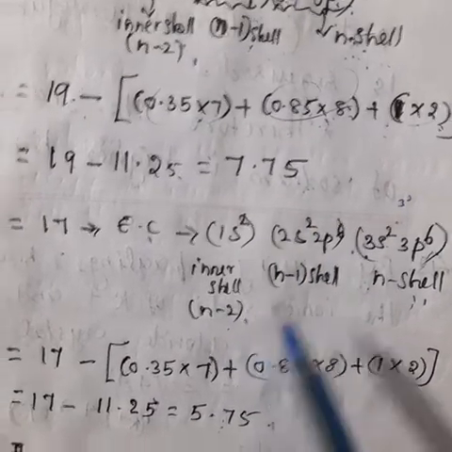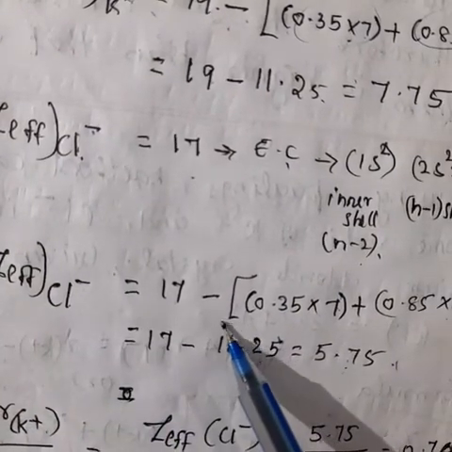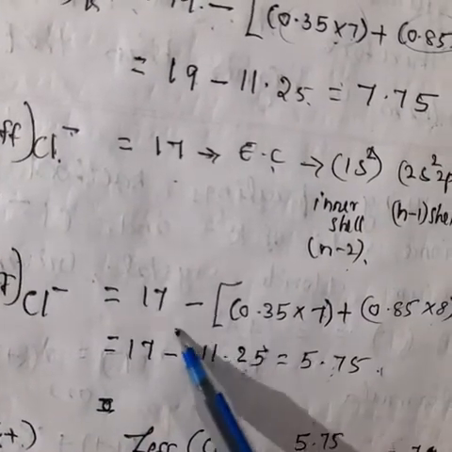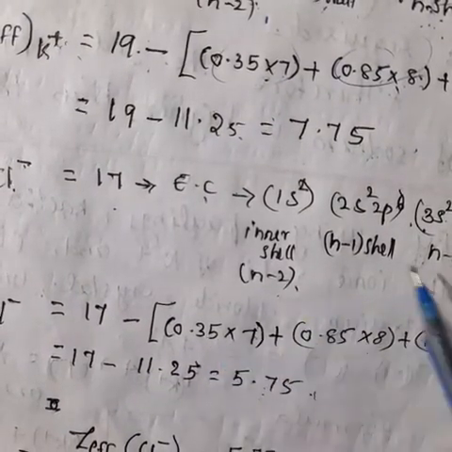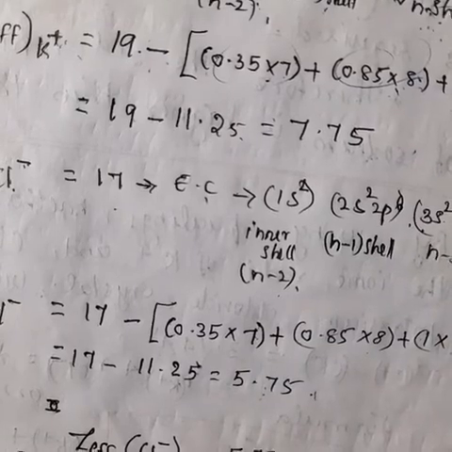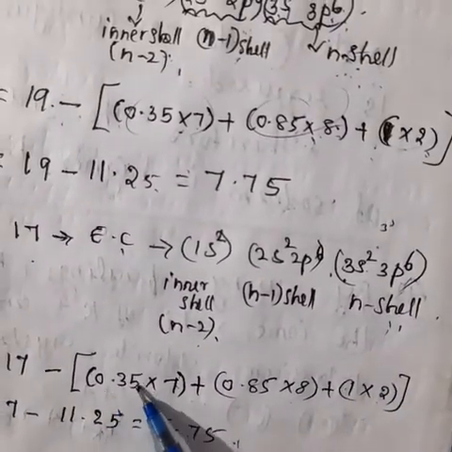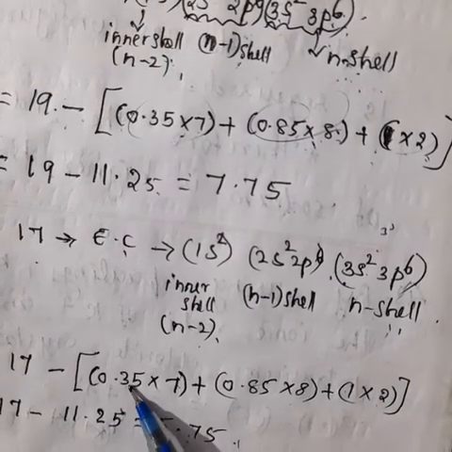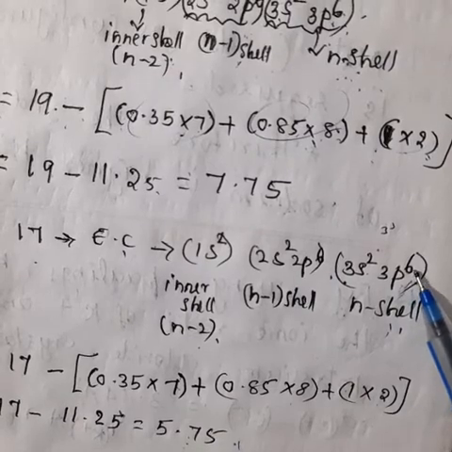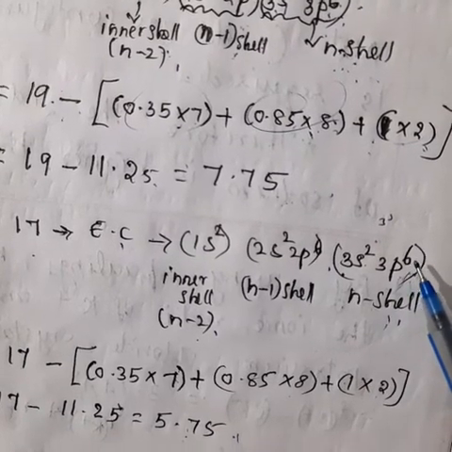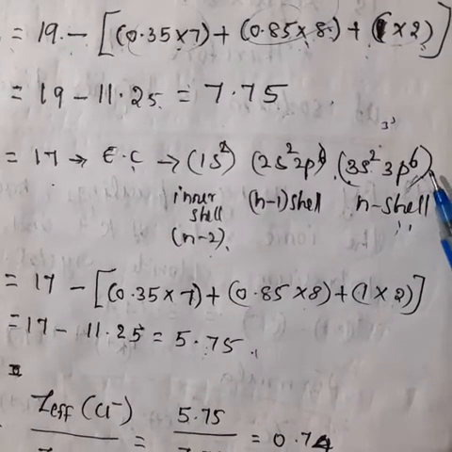So the effective nuclear charge of Cl minus is equal to 17 minus, the value for the n shell, the last orbit, is 0.35. How many electrons are here? Totally 8. When taking the last orbit, we should subtract 1 electron from the total number of electrons. So 8 minus 1 is equal to 7.